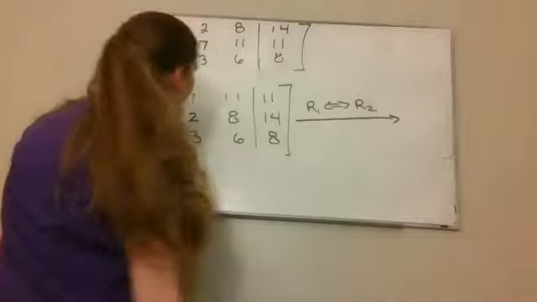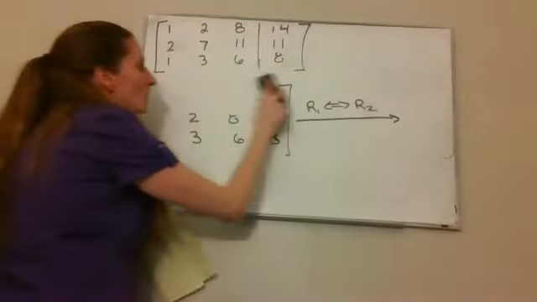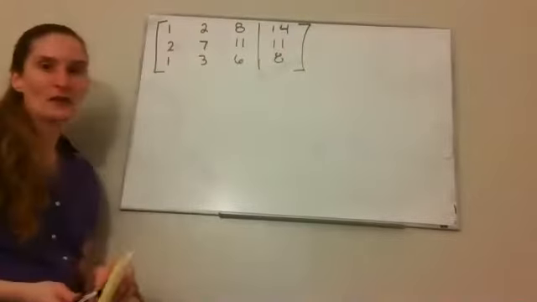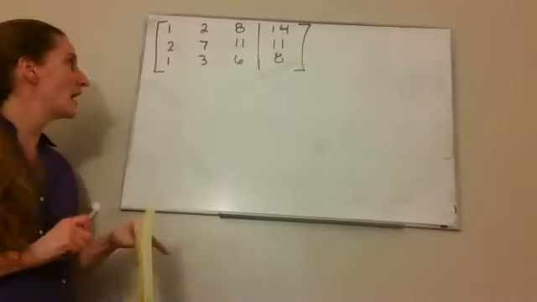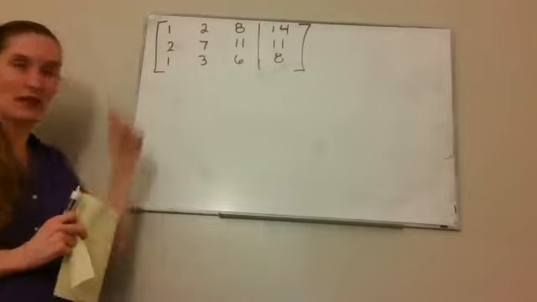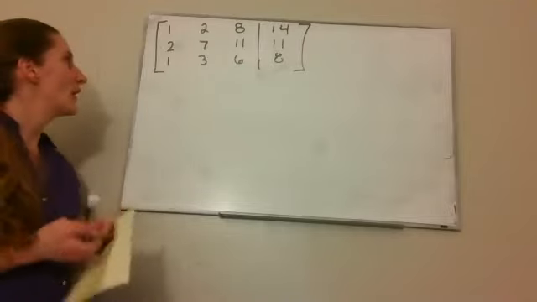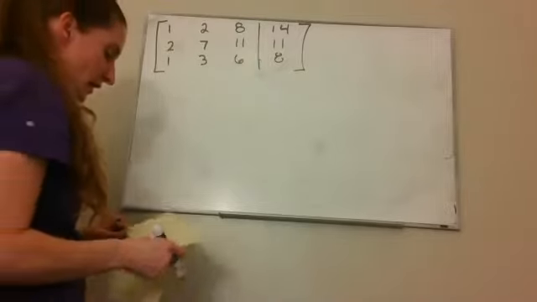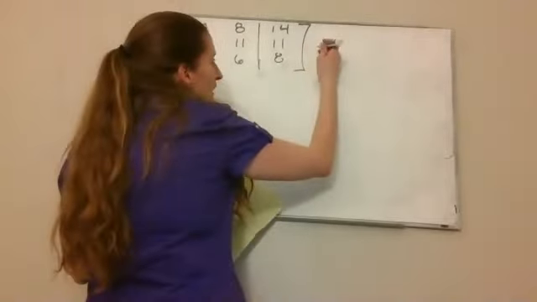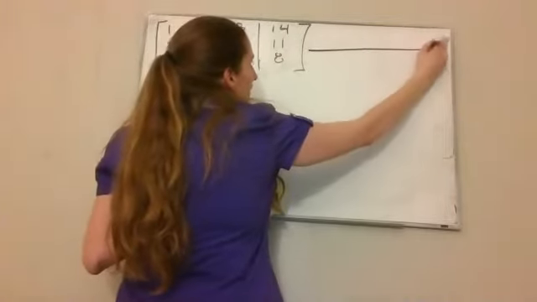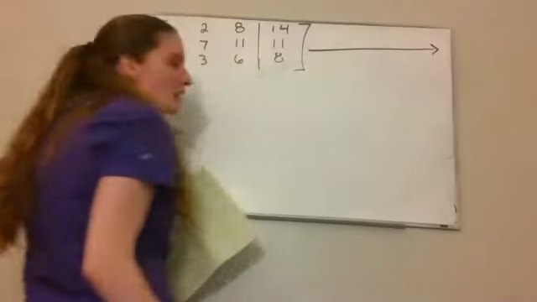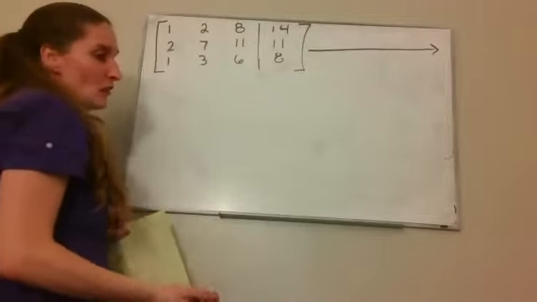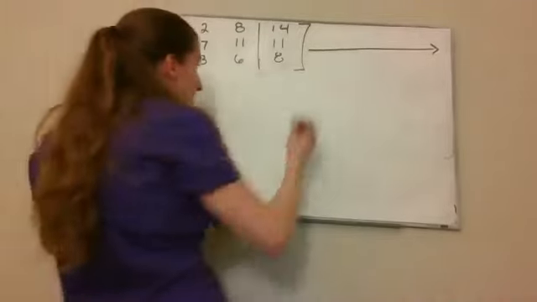Now, is that in reduced row echelon form? No, it's definitely not. The first thing I have to deal with now is I need to have zeros underneath that 1. So I need to change both row 2 and row 3. And we can do that 1 row at a time, but I'm going to go ahead and do them both at once to show you that you can do more than 1 row operation in 1 step, just to save you some paper.